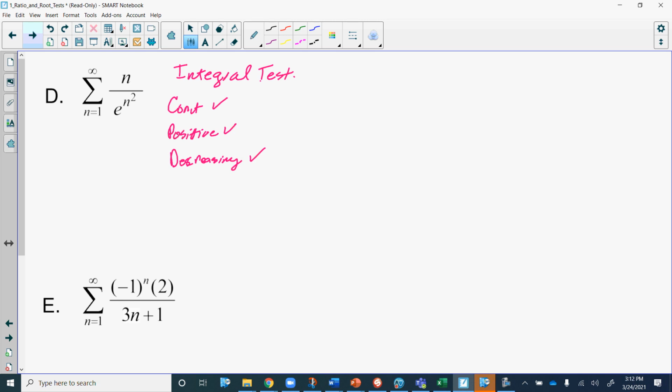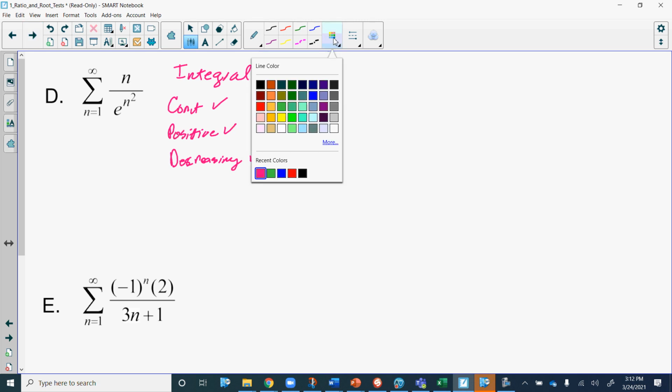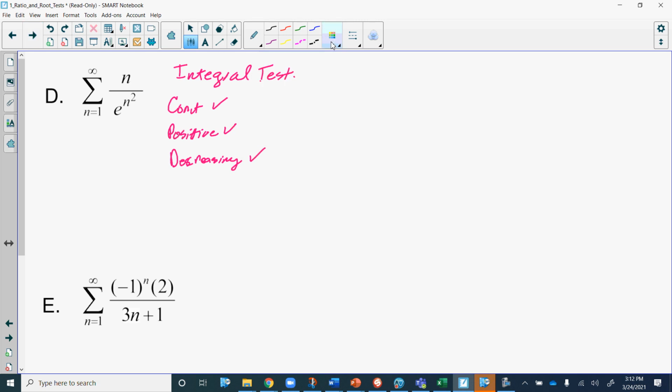So the integral test, the way that we're going to look at this is, let me go to a different color. Let's try to remember what the integral test is going to be. We're going to go from 1 to infinity as a function. So here I'm going to say this would be x over e to the power of x squared.